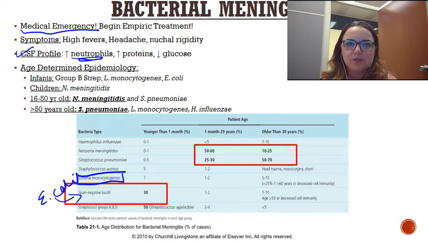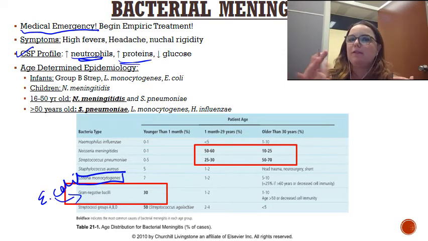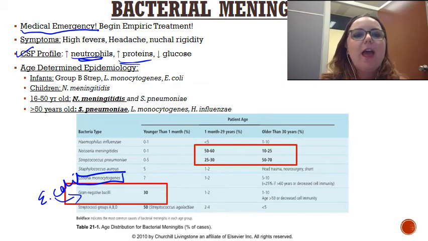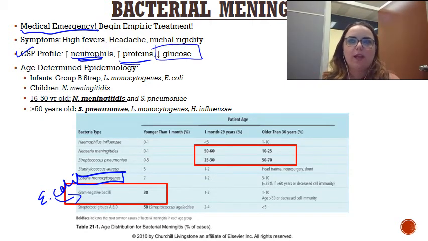Why? That makes sense. Neutrophils eat bacteria, so they're showing up at the buffet. So you're going to see a lot of them in the CSF, greater than 100 cells per microliter, with almost 90% of them being PMNs. Your protein is going to be a bit elevated, so it's going to be greater than about 50 milligrams per deciliter, and the glucose is going to go down, so less than 40.